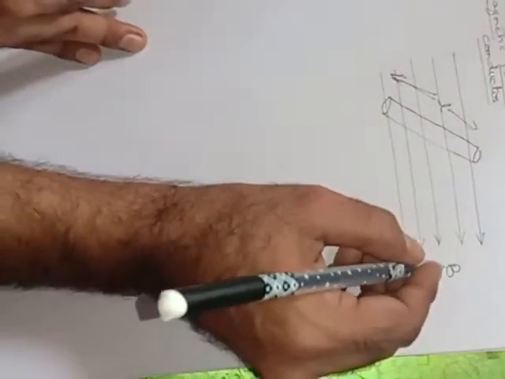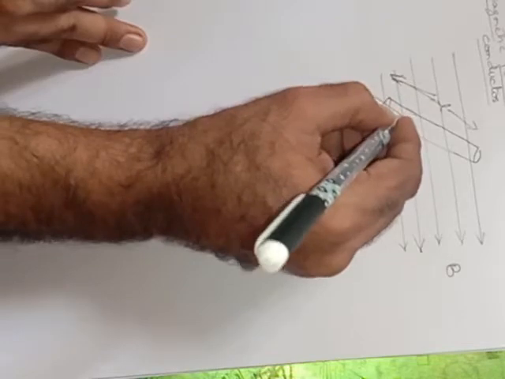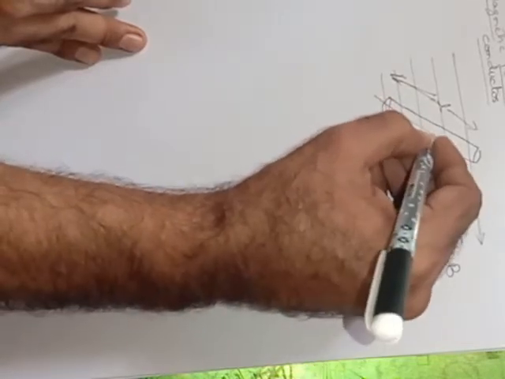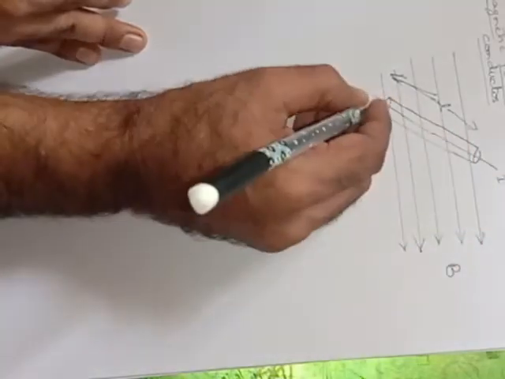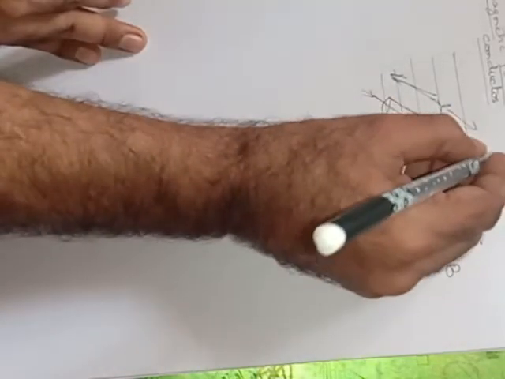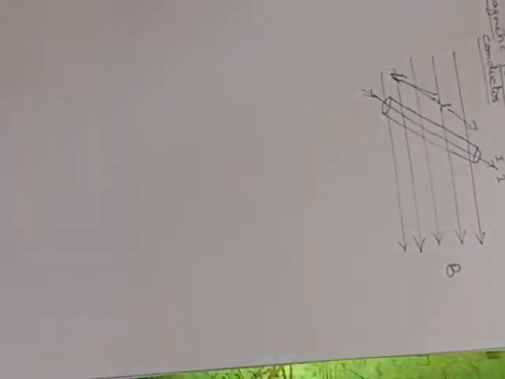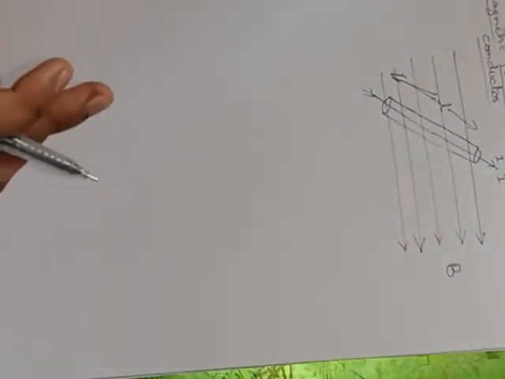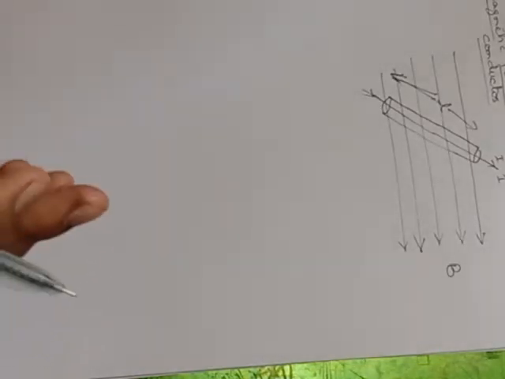If we consider this is the magnetic field, the length of the wire is L, and this wire is carrying current. Say I amount of current is flowing through this particular wire, where L is the length of the conductor.